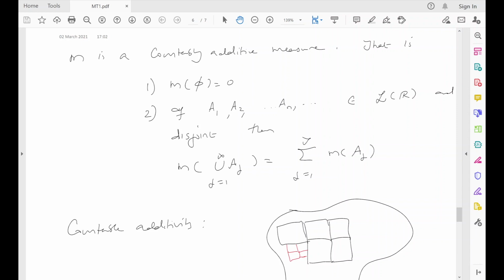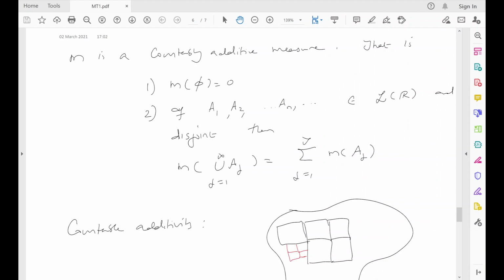But the important property is that it is countably additive, which means if I have A1, A2, etc., An in L of R, Lebesgue measurable sets, and disjoint, then, now you see the Ai's are not intervals, okay, they need not be intervals, they are arbitrary measurable sets, and the measure of the union of Aj, countable union, is the sum of m of Aj.